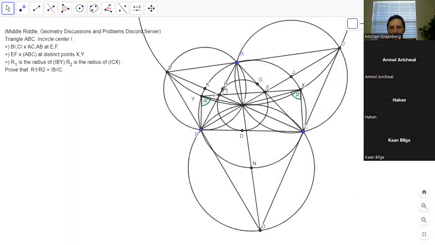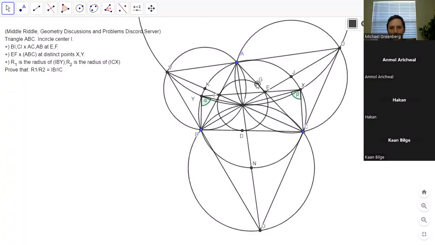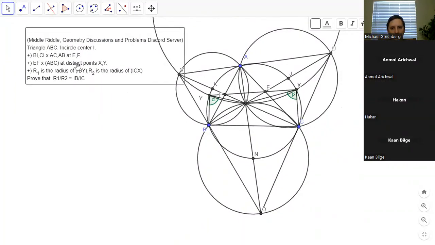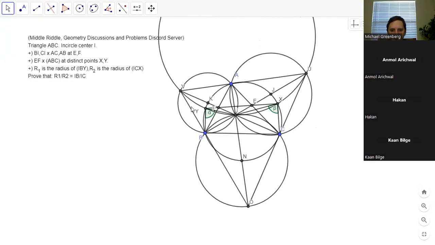You can get rid of the incircle too. Anything else that I should hide? If you could zoom out a little bit, a little bit more, I need to see the names of the points above because I'm going to angle chase.